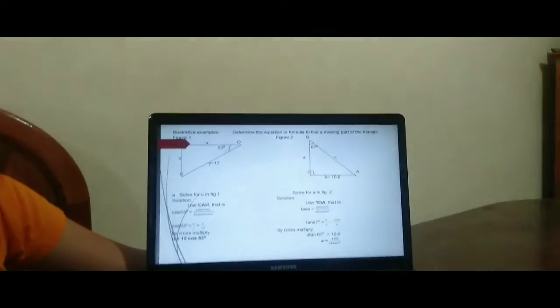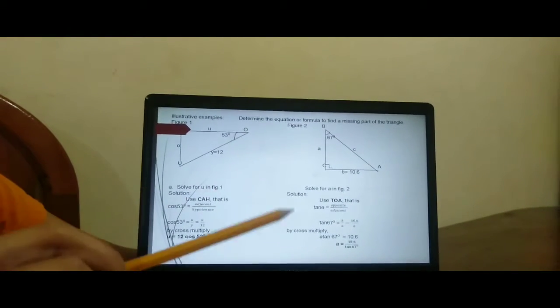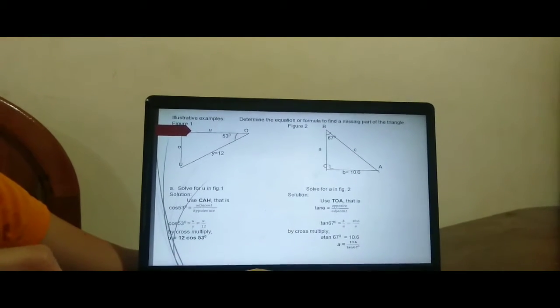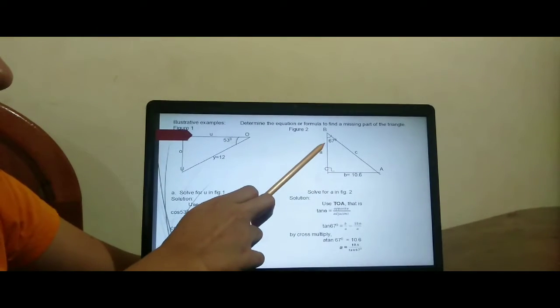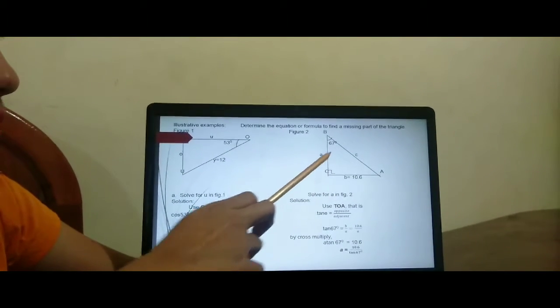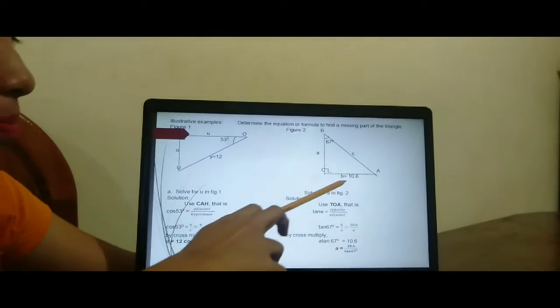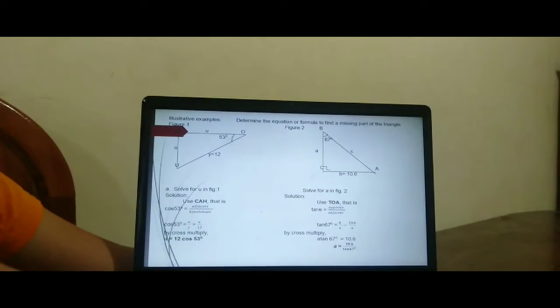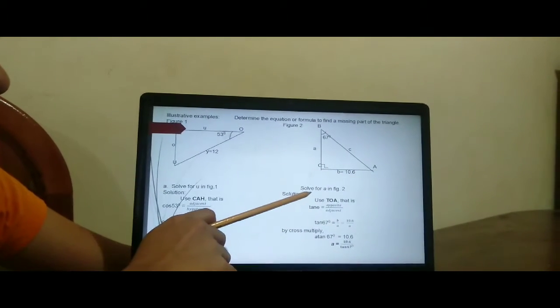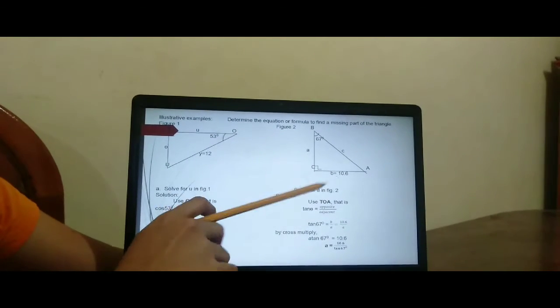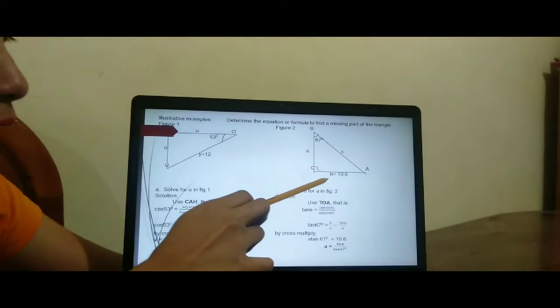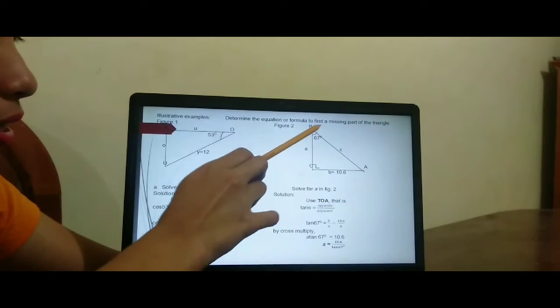Next figure. For figure 2, we have here a triangle BAC, right angled at C. Then given si angle B, that is 67 degrees. And then our B is 10.6. So we have to solve for A, side A. So we will use, mangitata og equation nga atong magamit ni silang mga given diha.